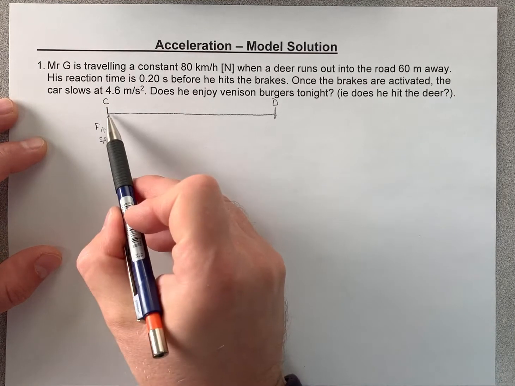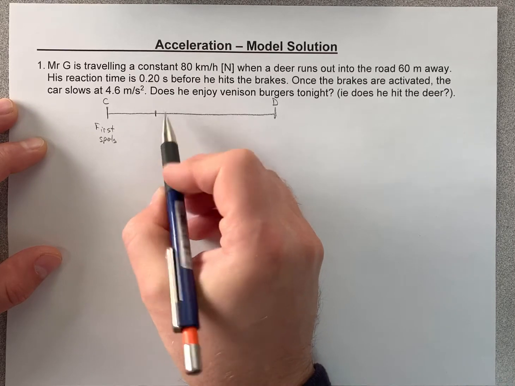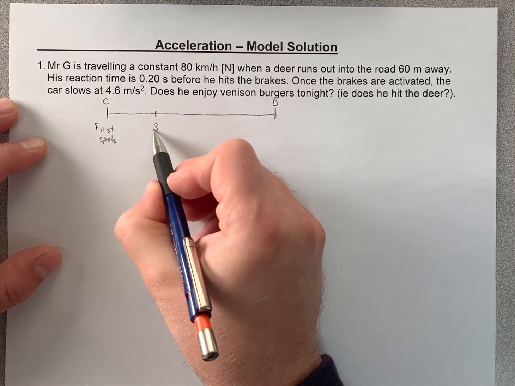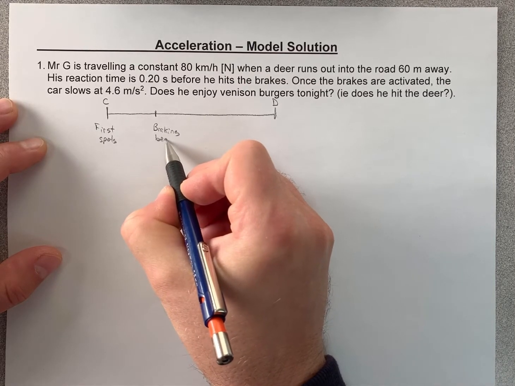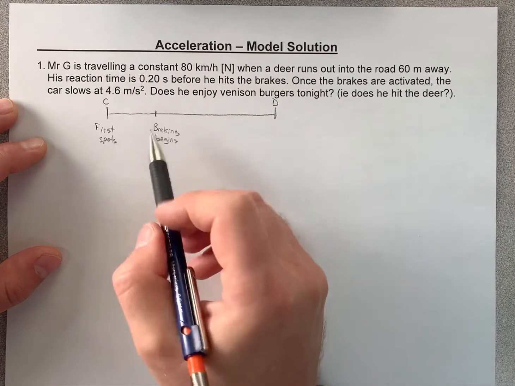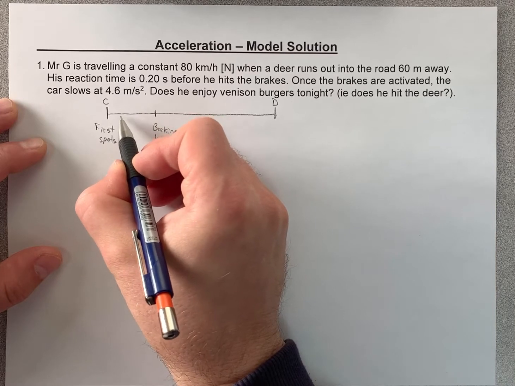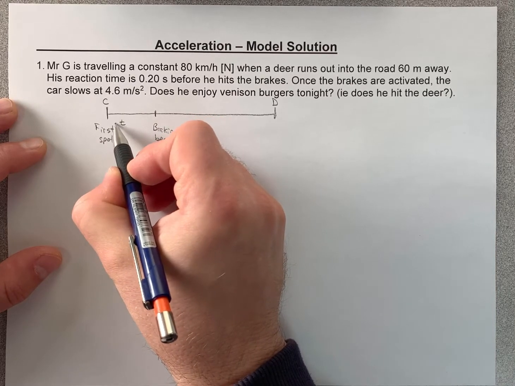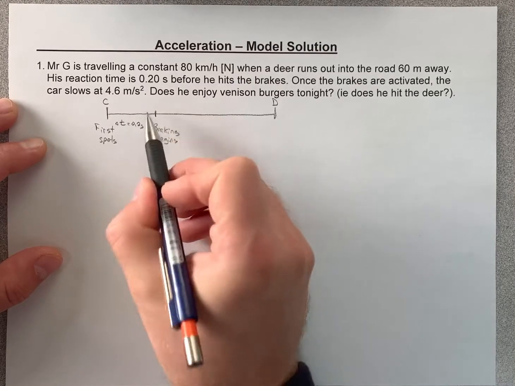When he first spots the deer, he still drives for 0.2 seconds. This is where the braking begins. So in here, we've got a time of delta t, 0.2 seconds, kind of right in this time.